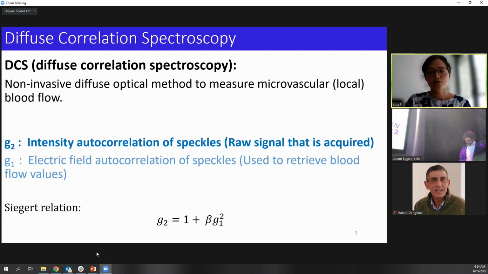But what we actually use in order to retrieve the blood flow information is G1, or the electric field autocorrelation of speckles. G1 and G2 are related to each other through a very simple relation called the Siegert relation, which is written at the very bottom of this slide, and you can see that it's simple and that it also depends on this factor beta. I'll explain what G1, G2, and beta are throughout this talk.